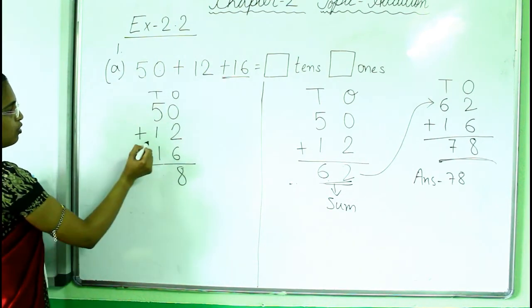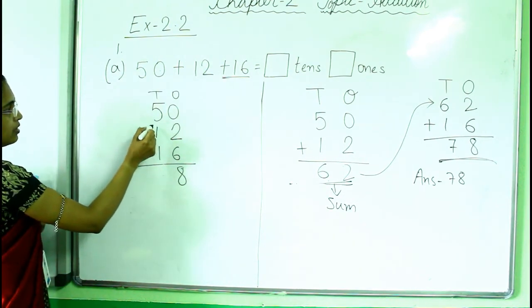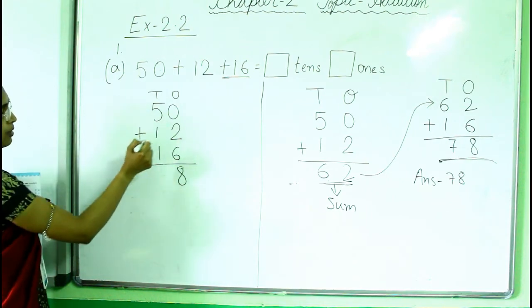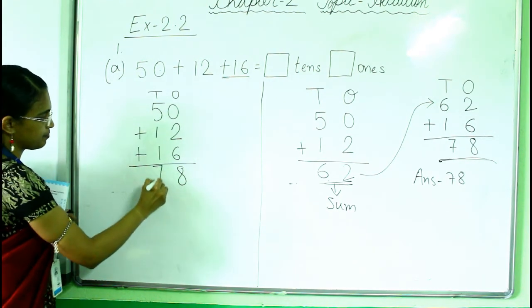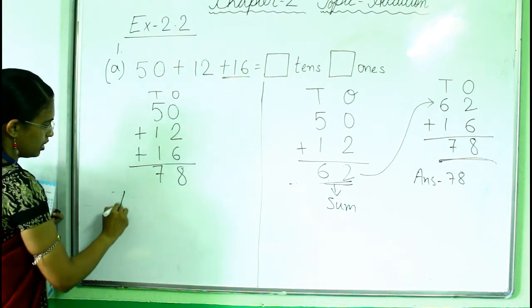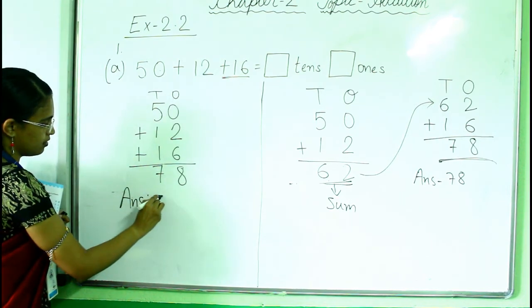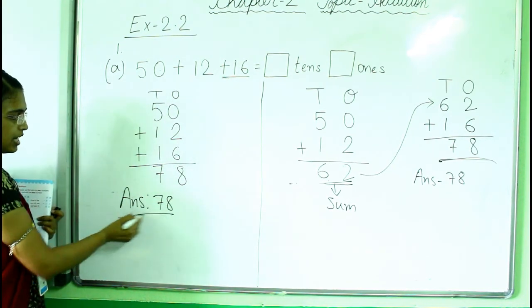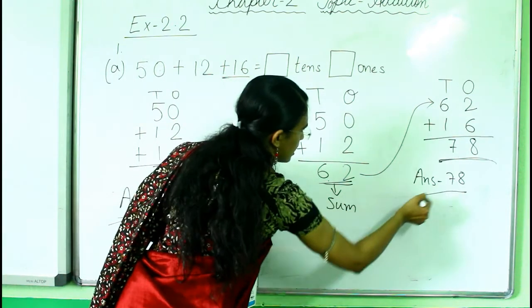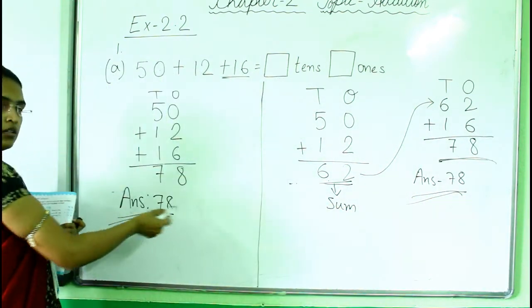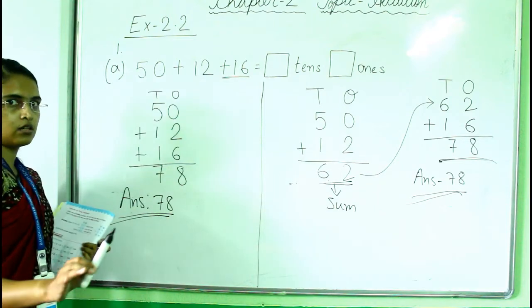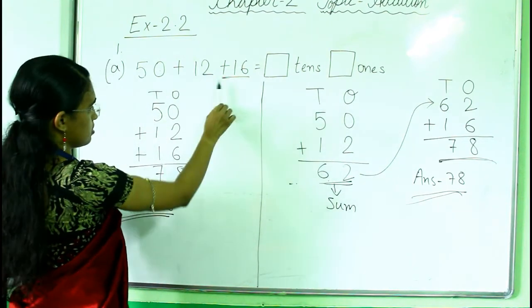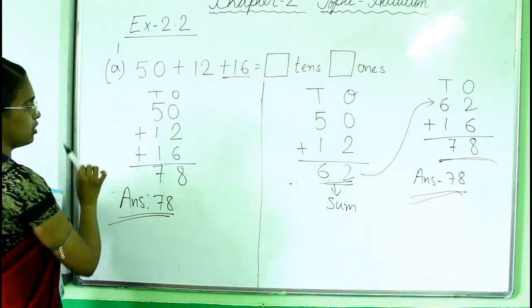So 1 plus 1 plus 5 plus 1 plus 1. So 5 plus 1 is 6, 6 plus 1 is 7. So here also the answer is 78. You can use these two processes, this way or that way.